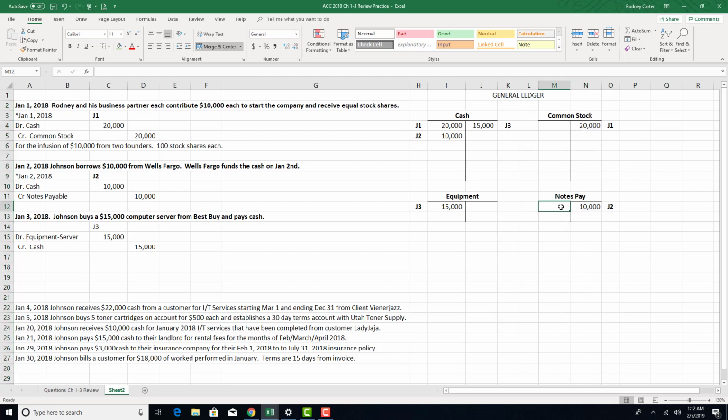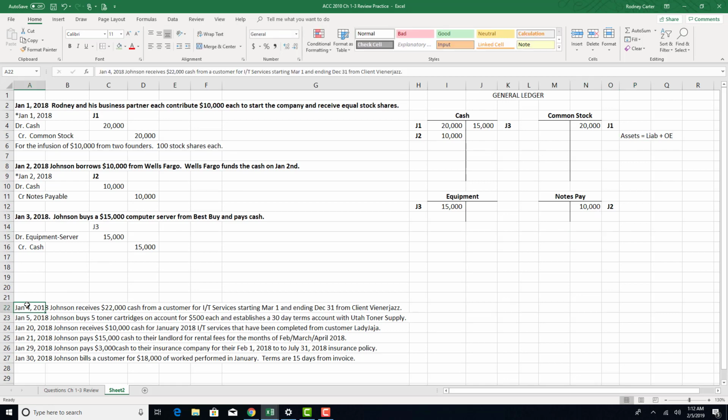If we had a debit balance in notes payable, that means the bank would owe us, and it would actually be a notes receivable. But I wanted to point that out for normal balance because we have an owner's equity and a liability. Just as another quick reminder, assets equals liabilities plus owner's equity.